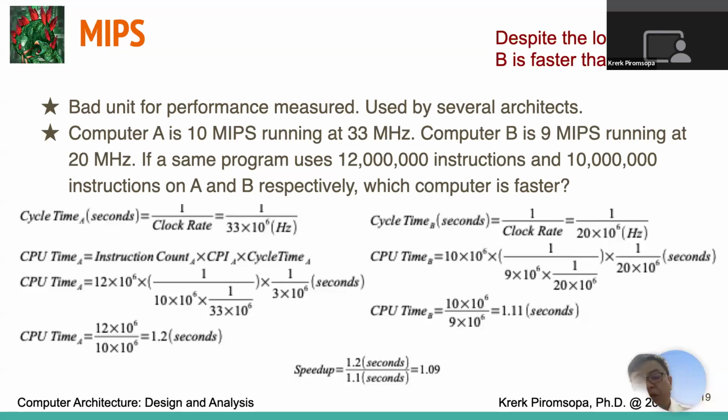In this exercise, I ask you to do some calculation in MIPS, and you will find that a high number in MIPS doesn't always mean better performance. It's not like that.